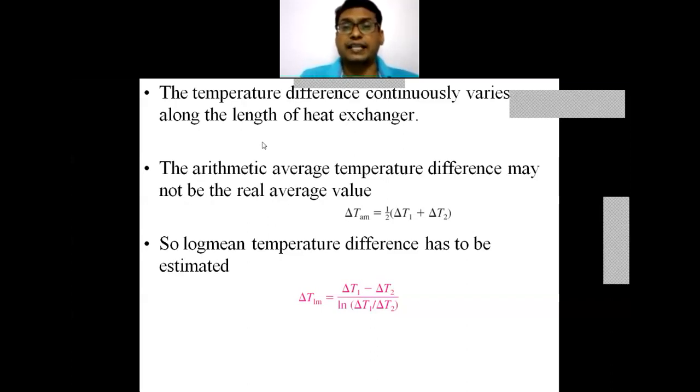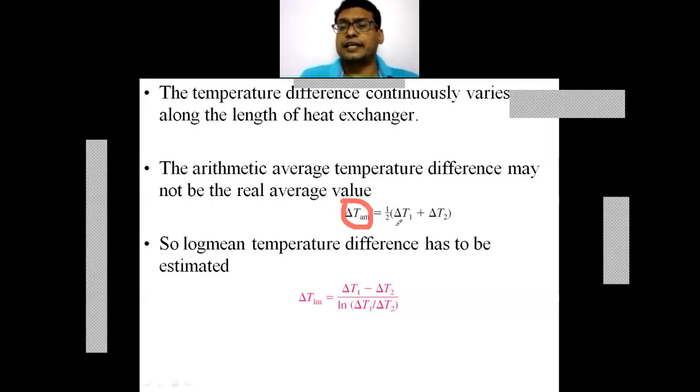The arithmetic average temperature difference, delta TAM, is nothing but delta T1 on one side plus delta T2 on the other side, divided by two, since we are taking the average.